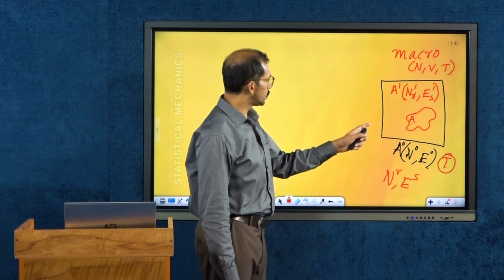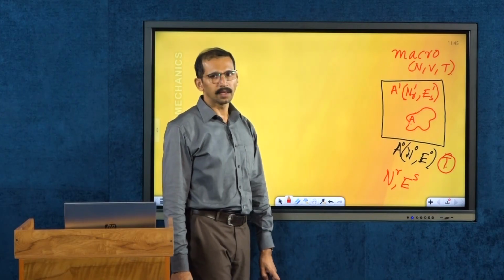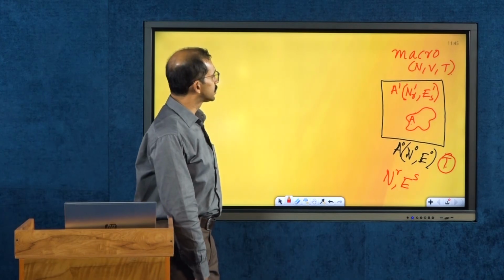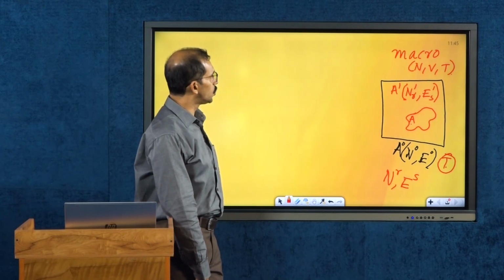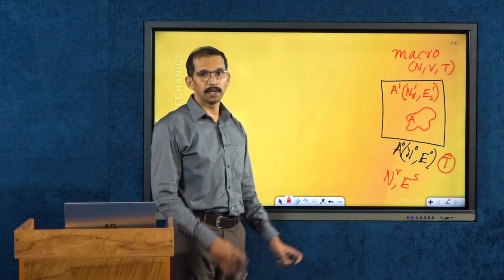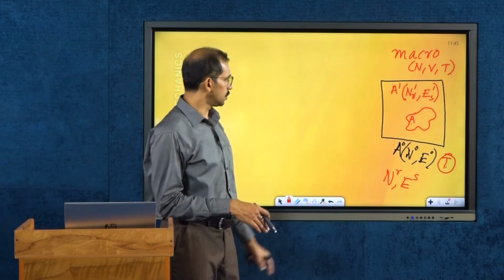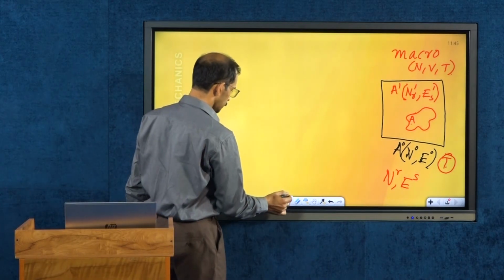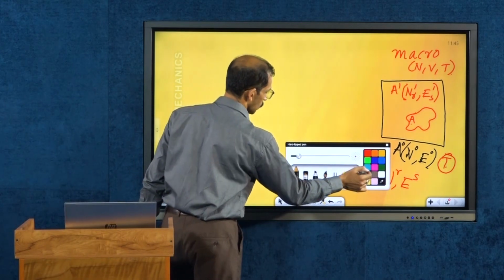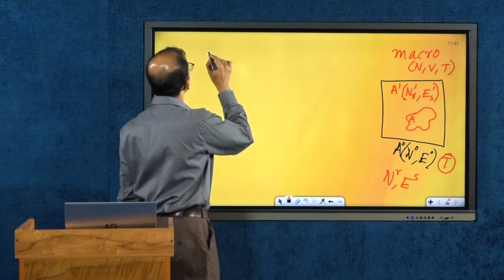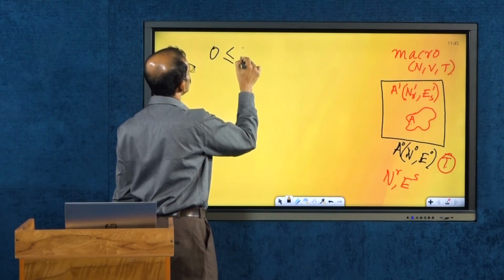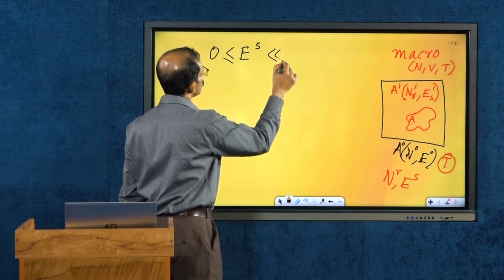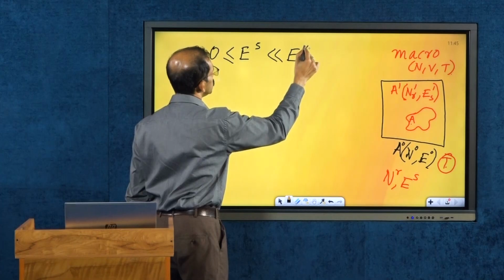Now, similar to the earlier discussions on the canonical ensemble, here also we can assume the minimum and maximum values of the energy. What are those minimum and maximum values? We can write 0 less than or equal to Es less than or equal to E0.